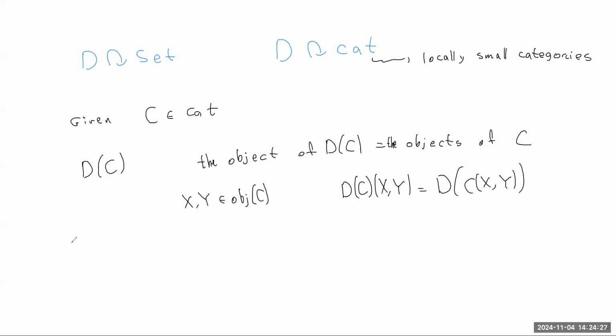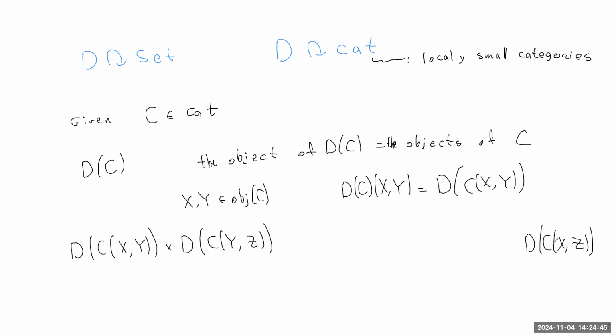If we have X, Y, and Z, we need the composition from here to D C(X,Z), right? So how can we go from here to here? It's by using this M we talked about. If we apply M of this and M of this, we can go to C(X,Y) cross C(Y,Z).